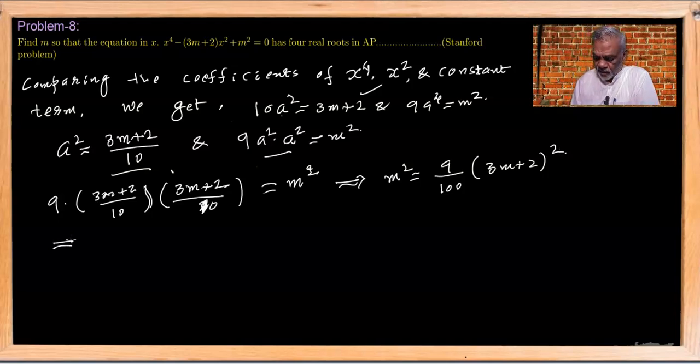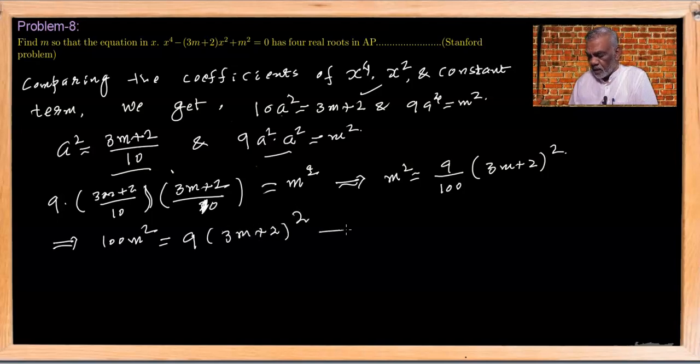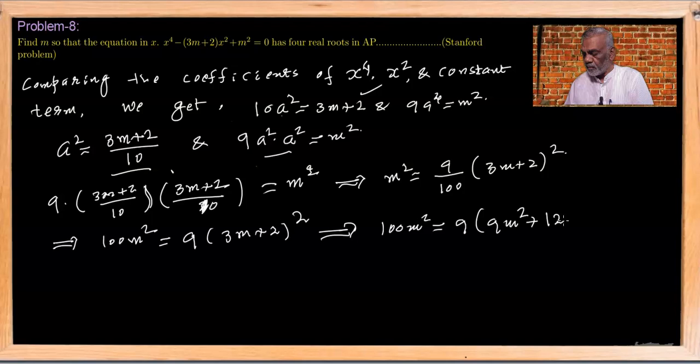And this implies 100m square is equal to 9 into (3m plus 2) whole square. And this implies 100m square is equal to 9 into (9m square plus 12m plus 4).